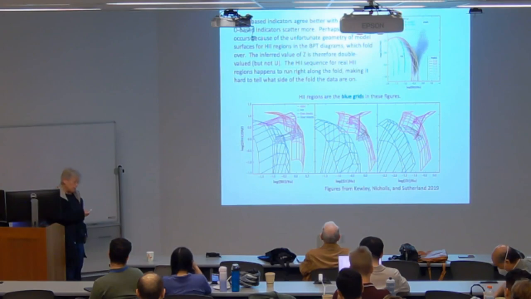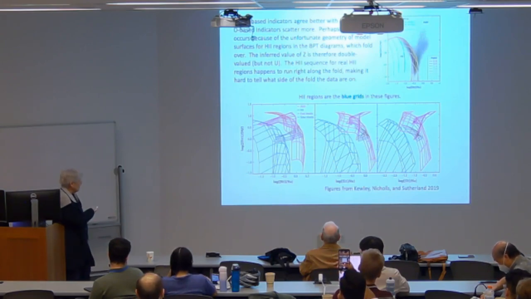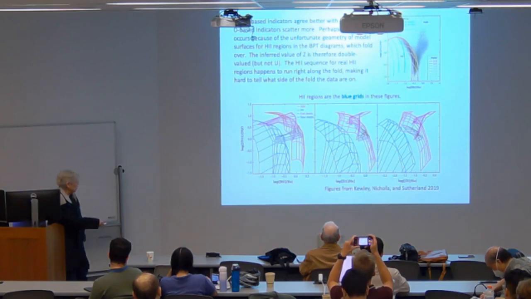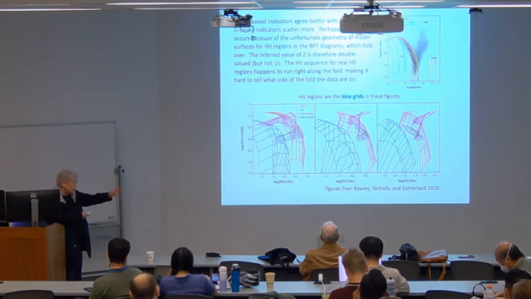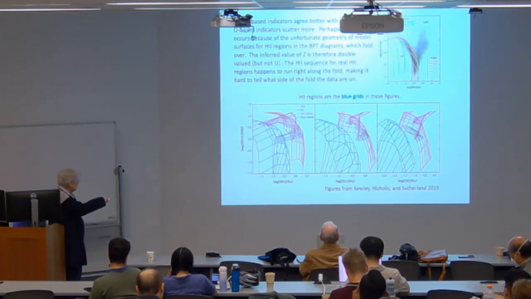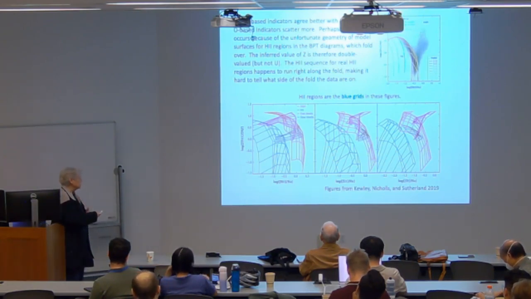Here are theoretical surfaces as a function of ionization parameter and metallicity from this excellent review by Lisa Cooley and her collaborators. And the point is, look at the blue surfaces here. The point is that there's a fold. And so if you look at a particular location here, and that's all you have, you don't know whether you're seeing the back of the surface or the front surface.